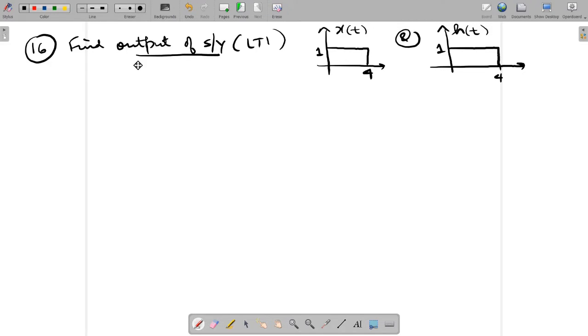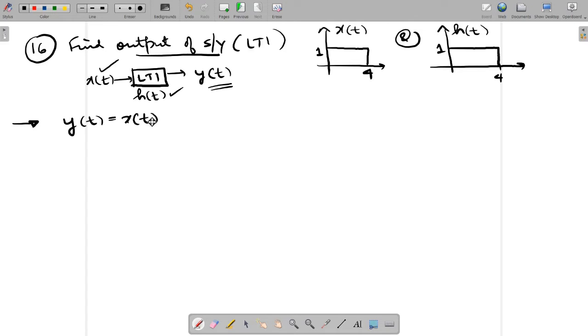So they are giving us an LTI system, which has an impulse response h of t, given us x of t, and we have to find the output y of t. This is a very common question that always comes in different ways. You have to find output of LTI system y of t for given x of t and h of t. Fine. We all know y of t is x of t convolution h of t.